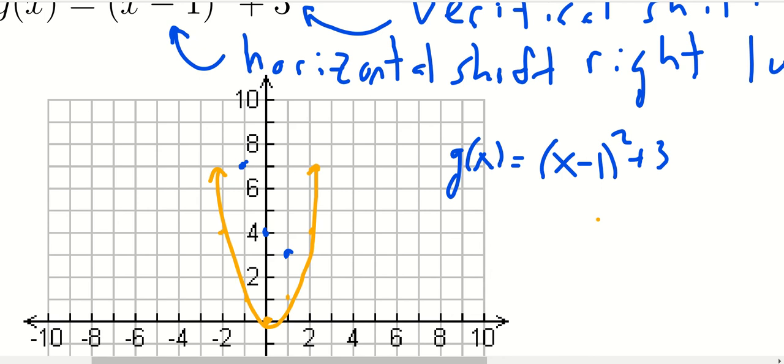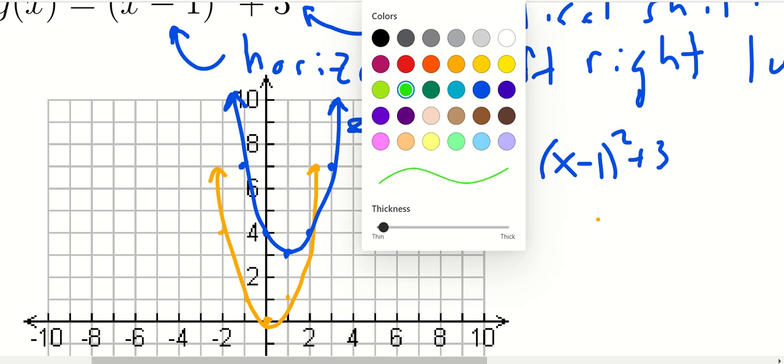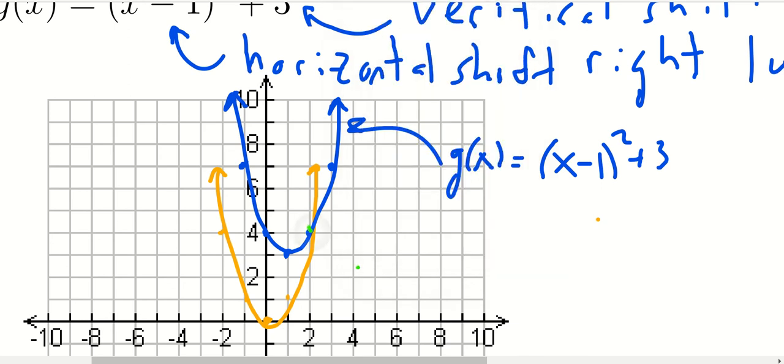Over 1, up 3. And then lastly, over 1, up 3. That's better. So now this truly is the graph of g of x. We took each point in the graph of f, we moved it over 1. So each point on this graph got moved over 1 and then up 3 steps.